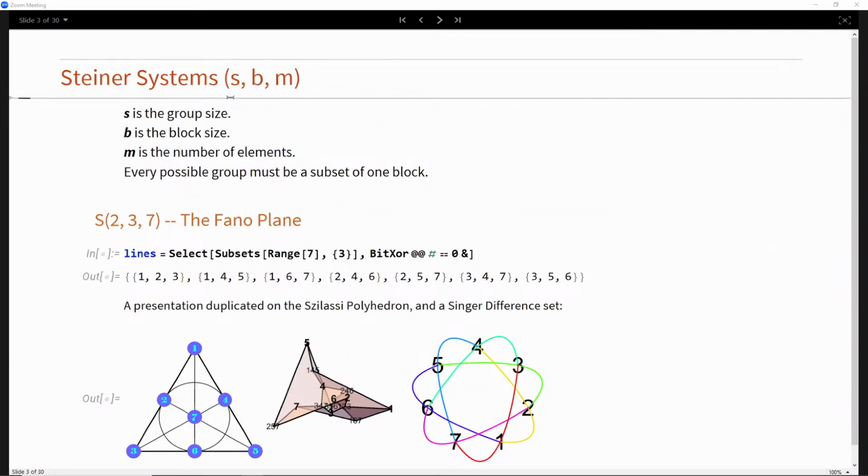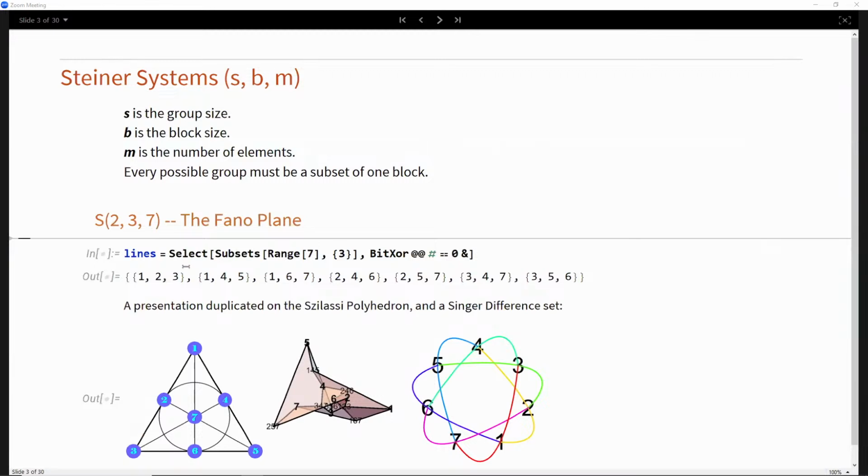So to get right into it, a Steiner system is one of the combinatorial designs. And there's usually three parts. There's a group size. For example, if we want all possible pairs, the group size would be 2.